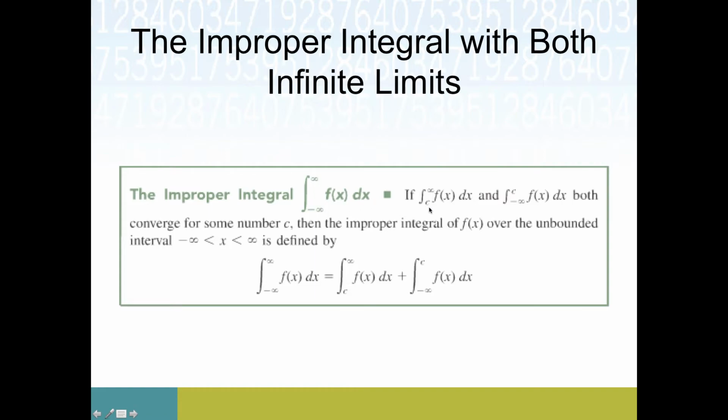It literally does not matter. So c is some value you get to choose, and then you calculate two integrals like the one we did in the previous video, each with a finite limit and an infinite limit. That means you only have one limit for each piece, and it's easier to manage.